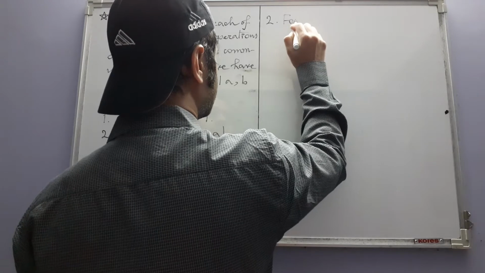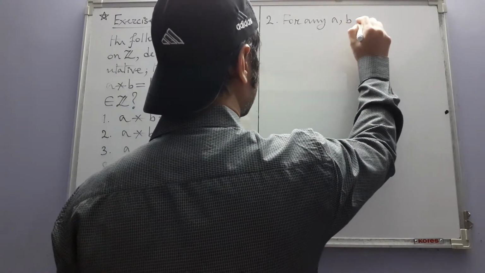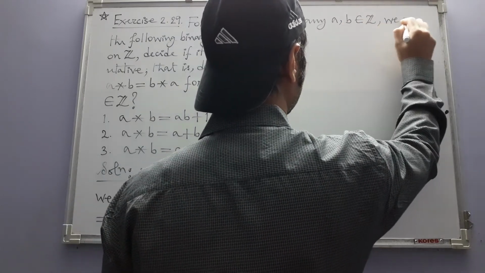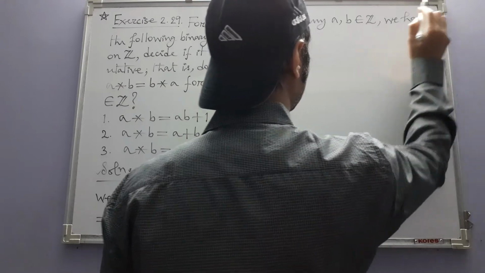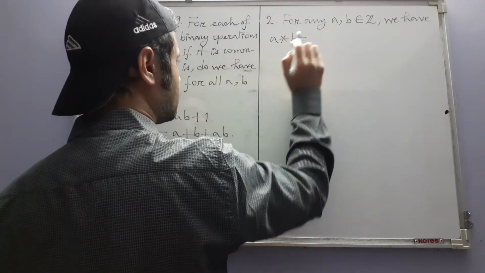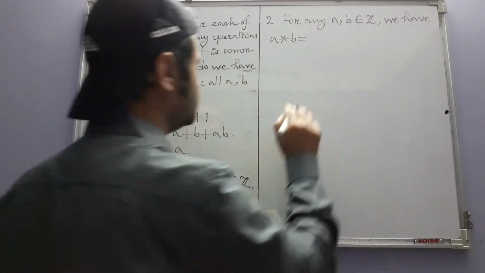For any integers a and b, we have a star b equal to, this one is a plus b plus ab.